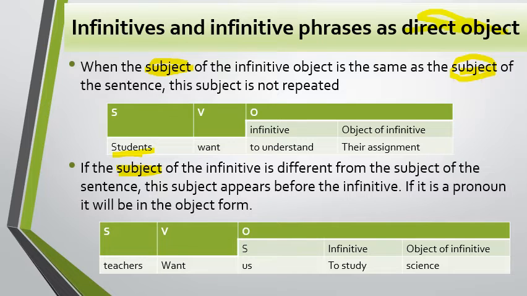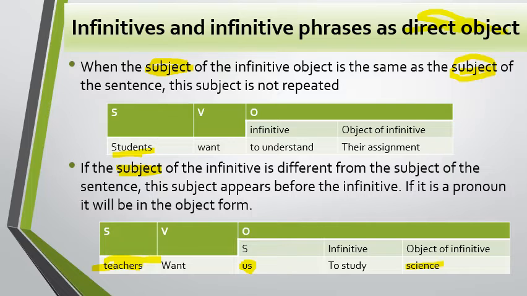This whole object is the infinitive phrase, and this infinitive phrase has a subject and an object, and the infinitive normally. But if you notice here, does this subject refer to the same person? Teachers are our teachers, and they want us. They are referring to different people.